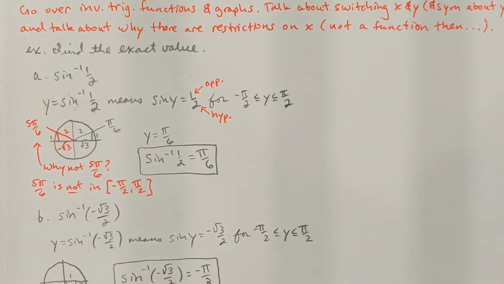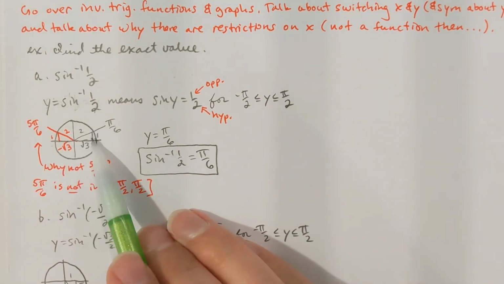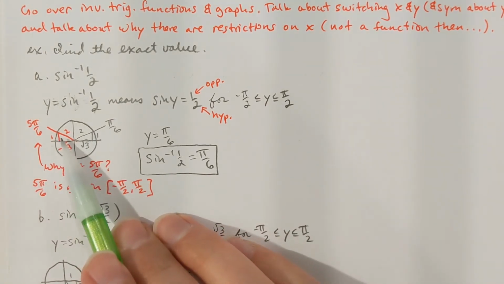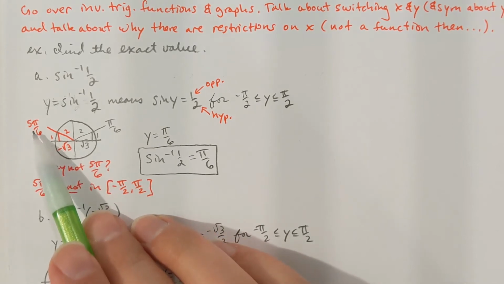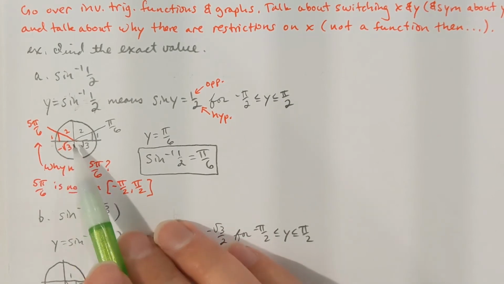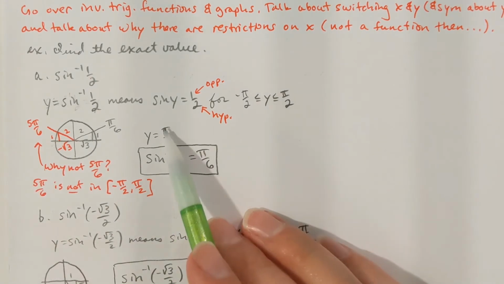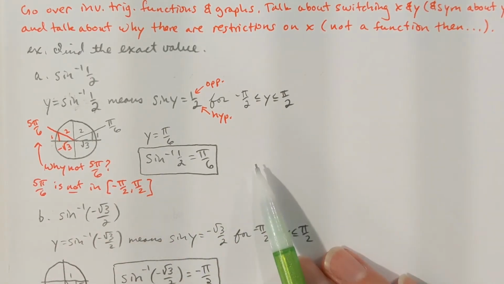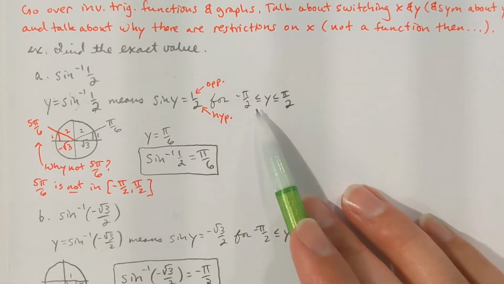Now, in this picture, I've drawn this triangle here, and I've also got that flipped over into quadrant 2. Sine of 5 pi over 6 would also be 1/2, because 1 is the opposite side, 2 is the hypotenuse. So why isn't 5 pi over 6 also an answer? Well, it's not going to be an answer because 5 pi over 6 is not in the interval negative pi over 2 to pi over 2.